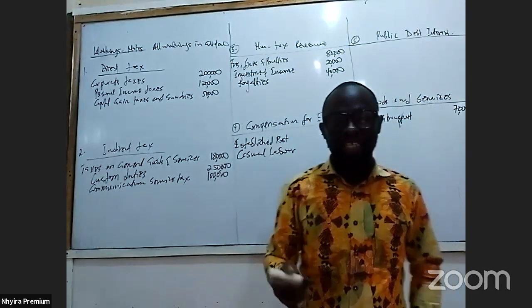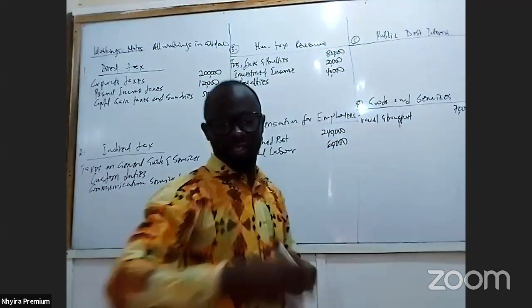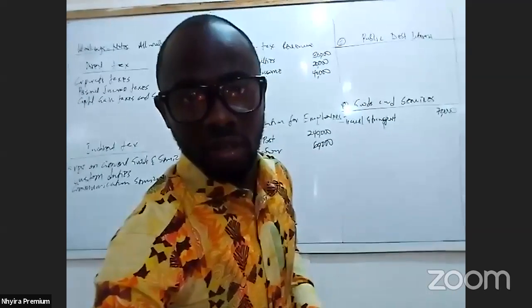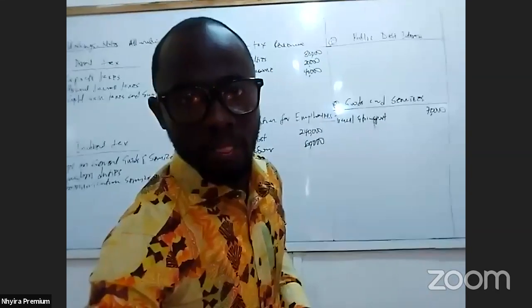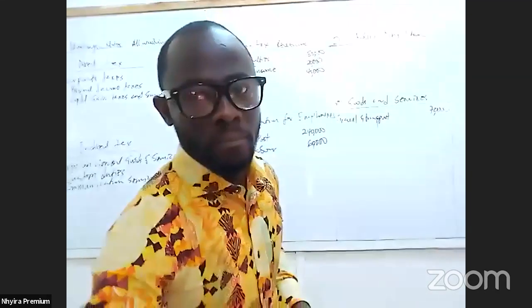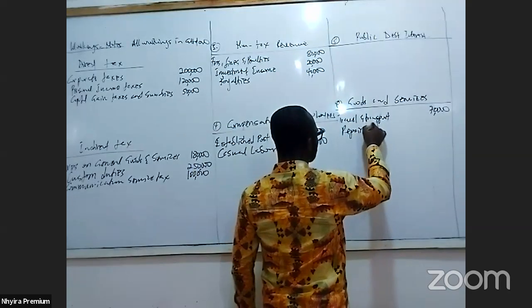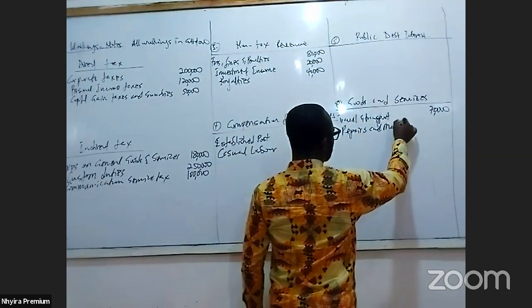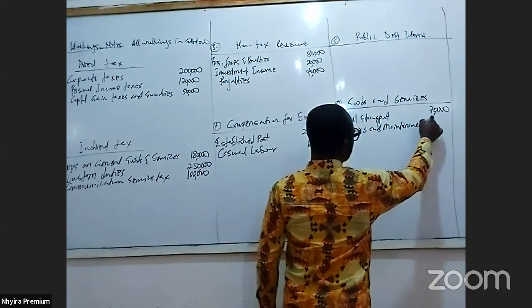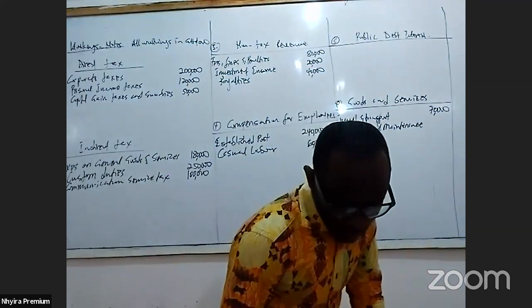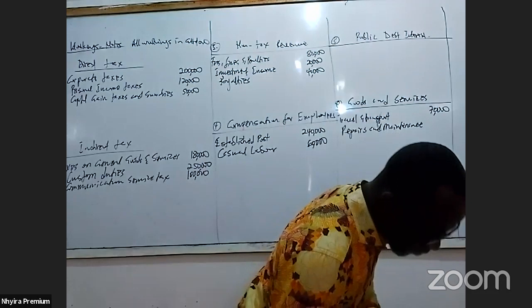Repairs and maintenance, that is part of goods and services. So repairs and maintenance is 50,000.